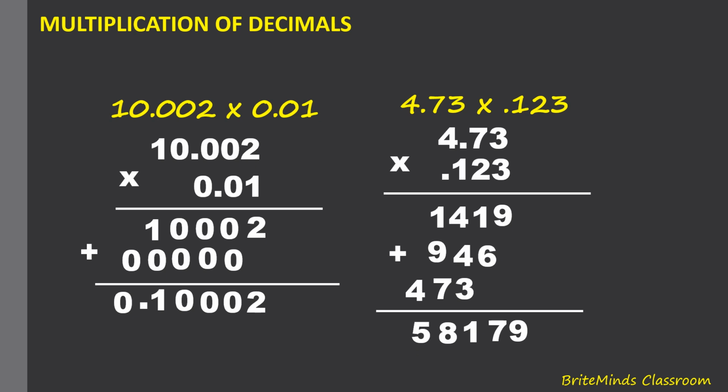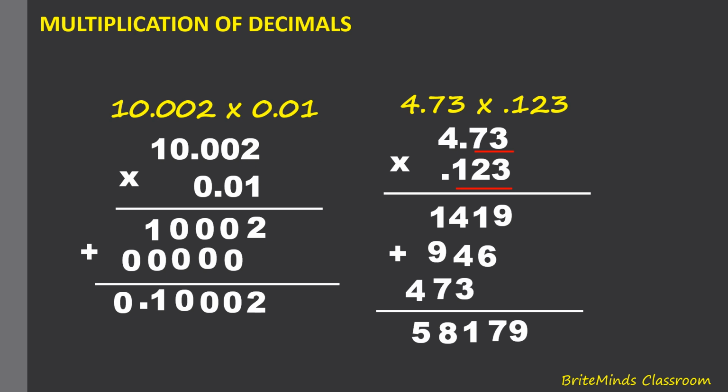And then when the product is obtained and added, add the decimal places of both factors. So 4.73 has 2 decimal places and the other factor has 3 decimal places. So we will add 2 plus 3, which is 5 decimal places.